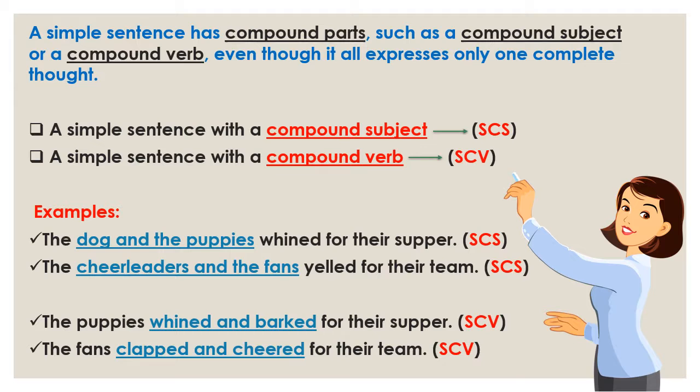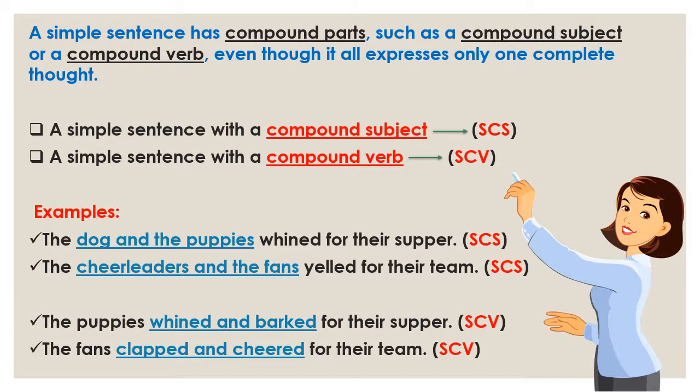Another example. The fans clapped and cheered for their team. Clapped and cheered. What do we have here in a simple sentence? A compound verb, which means two verbs together. So what do we call a simple sentence with a compound verb? What is the abbreviation for that?